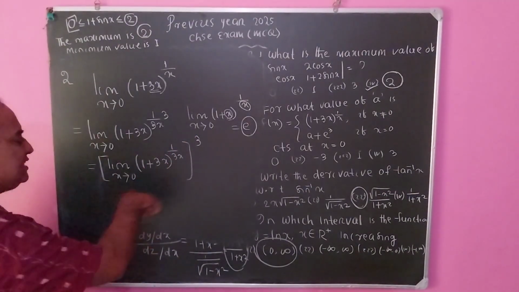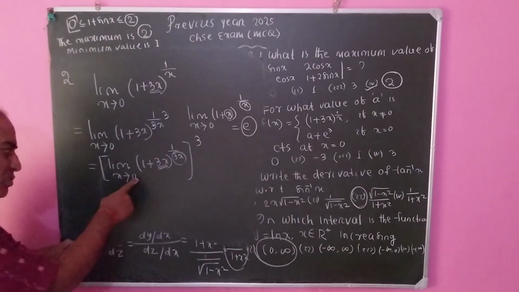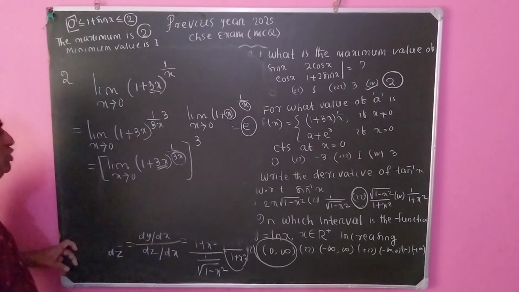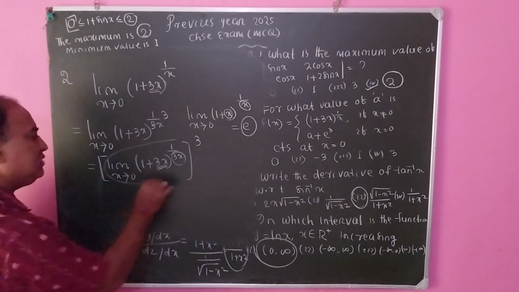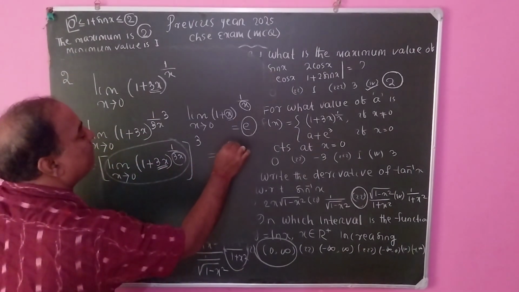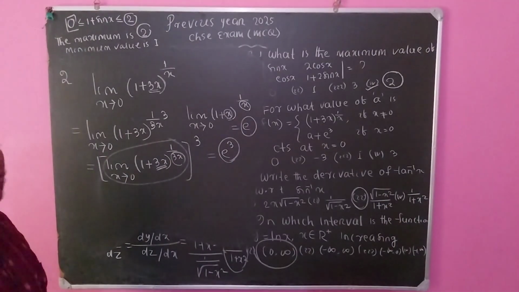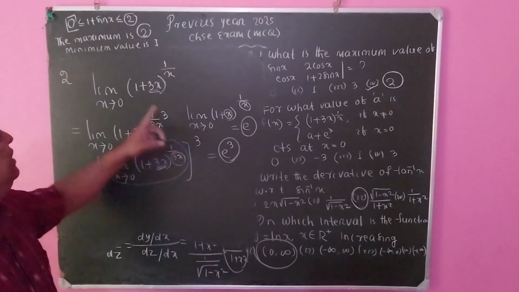Here it is 3x, here it is also 3x. x tends to 0 means 3x also tends to 0. So the limiting value of this quantity is e. So it is e to the power 3.